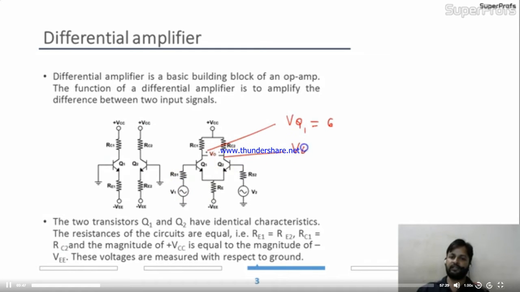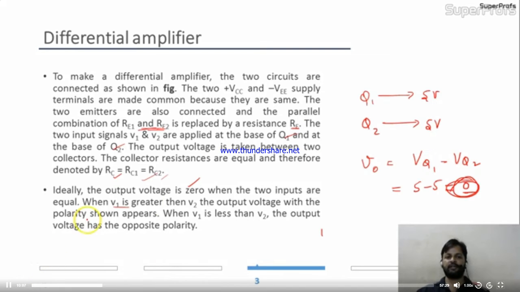And here VQ2 is 5 volt. So definitely this one is the higher potential. The polarity will be like this. But what if V2 is greater than V1? If V2 is greater than V1, then the polarity will change and positive will come to this side and negative to this side. I hope it's clear to you, right? When V1 is less than V2, the output voltage has the opposite polarity. I think it's clear to you.